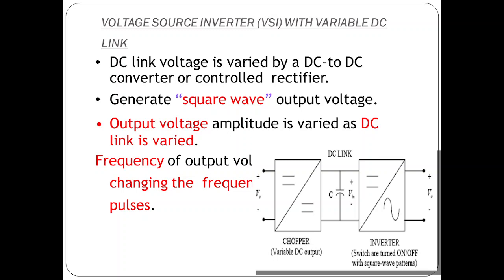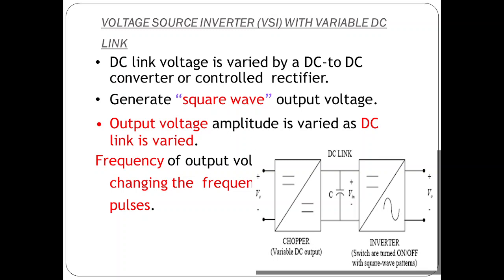If the DC link voltage is varied, we can also vary the output voltage. In this slide we see the DC link between the chopper and the inverter. So the output voltage can be varied by varying the DC link voltage in the voltage source inverter.